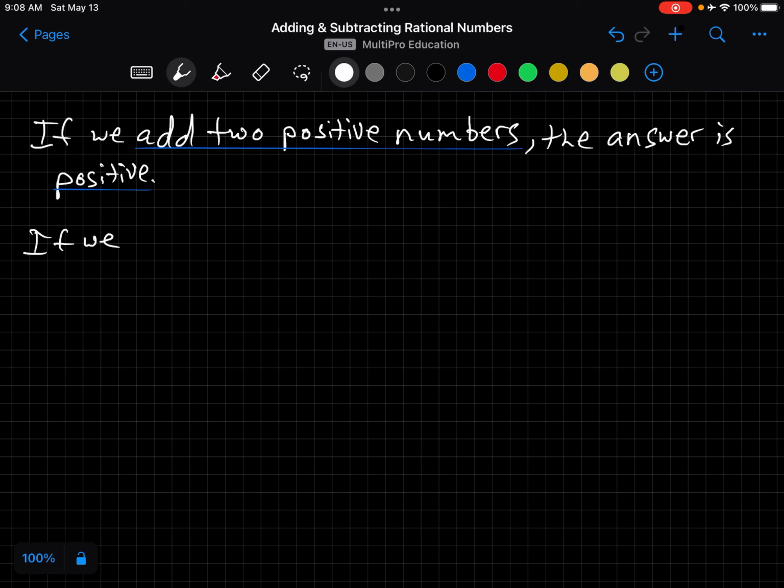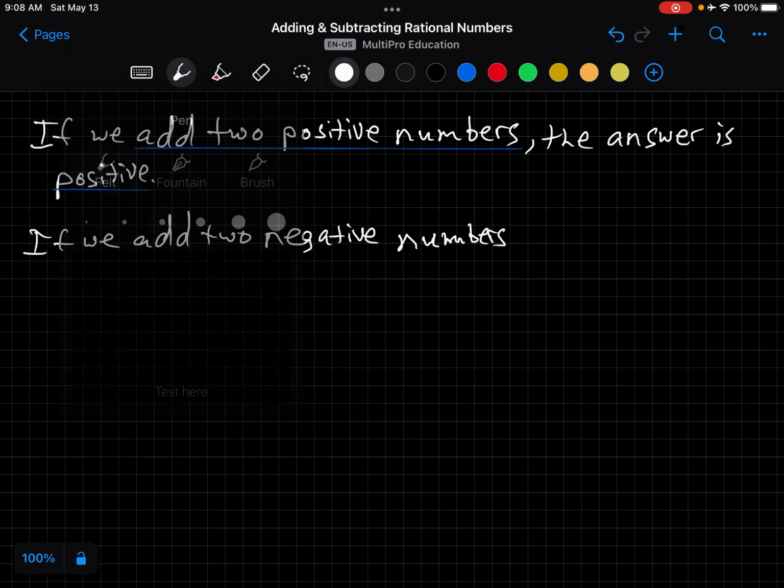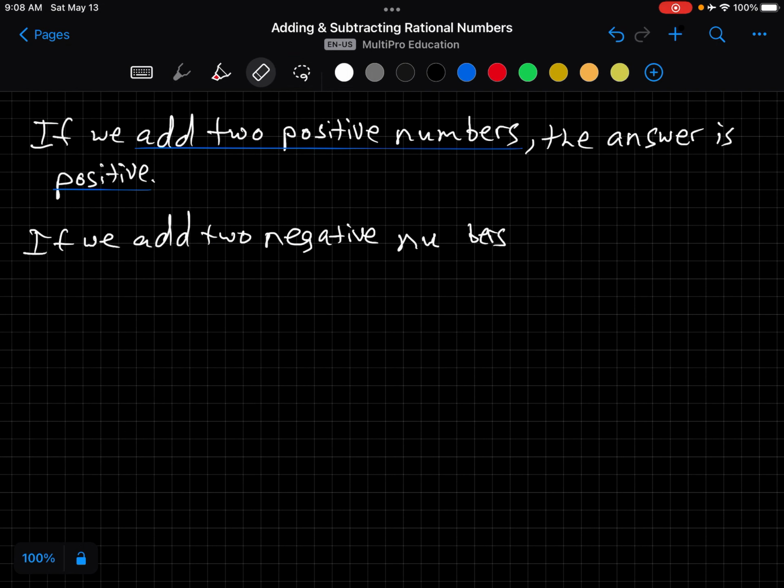Alright, let's look at another rule. If we add 2 negative numbers, the answer, or the sum, is negative.